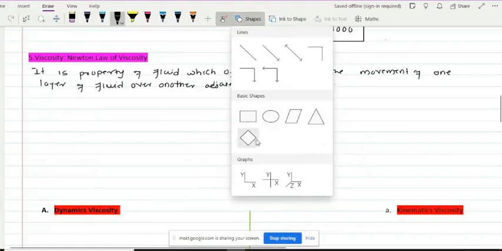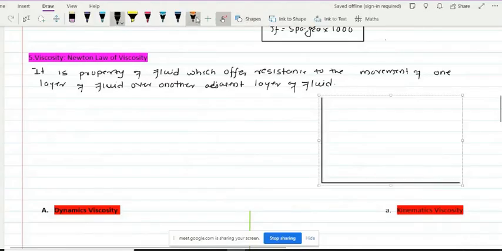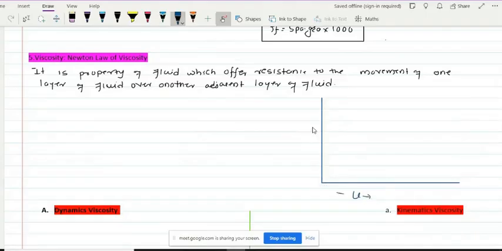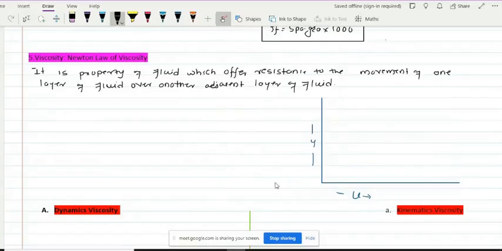We draw a diagram here. On the x-axis we take the velocity, on the y-axis we take the distance, and we can draw a parabolic shape, the velocity profile of the liquid, looking like this. This is a fixed plate, and this is the velocity profile.